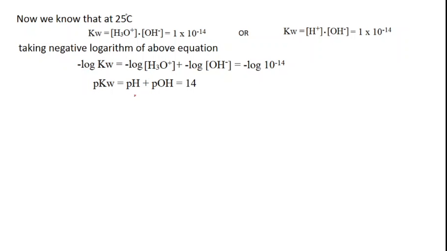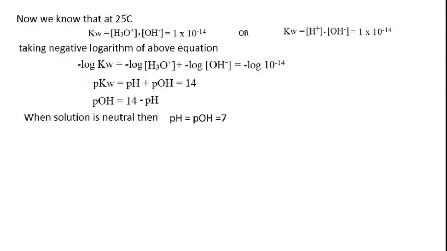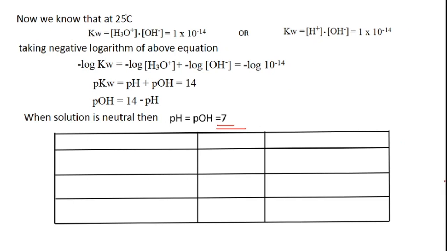So pKw becomes equal to pH plus pOH, which is equal to 14. So pOH is equal to 14 minus pH, meaning the sum of pH plus pOH for any solution is equal to 14. When the solution is neutral, the concentration of H plus and concentration of OH minus are equal, so pH is equal to pOH, which is equal to 7 at neutral pH.